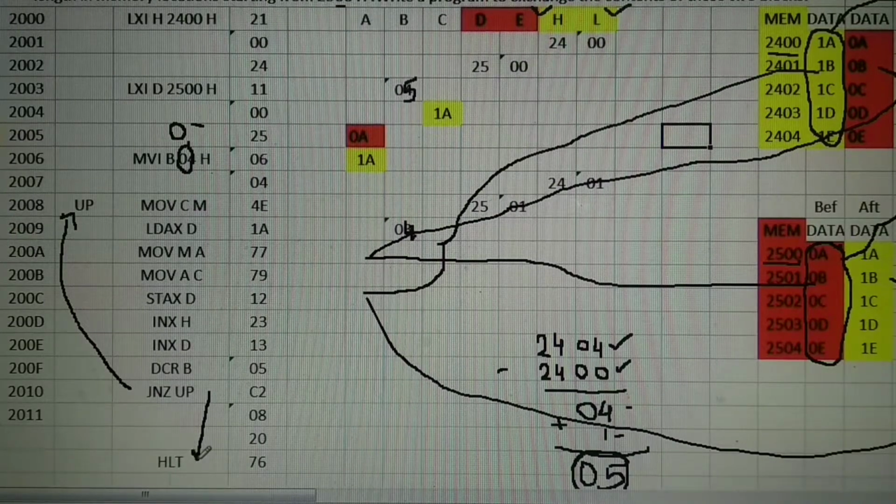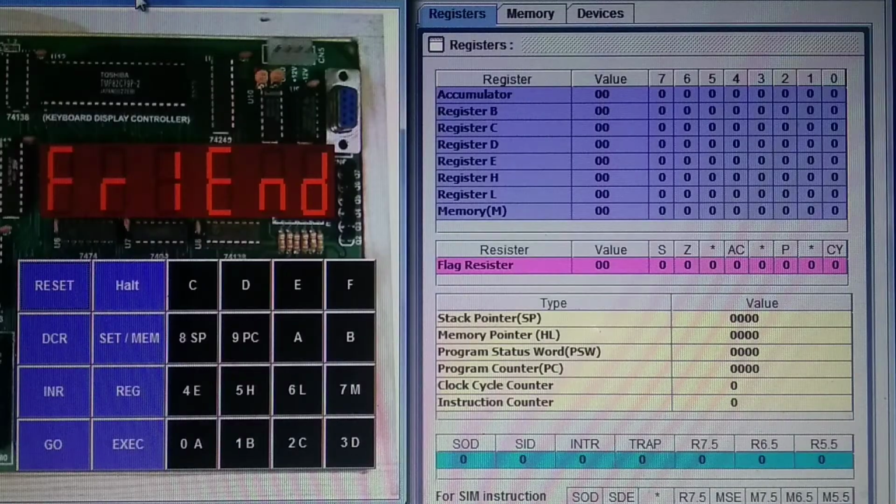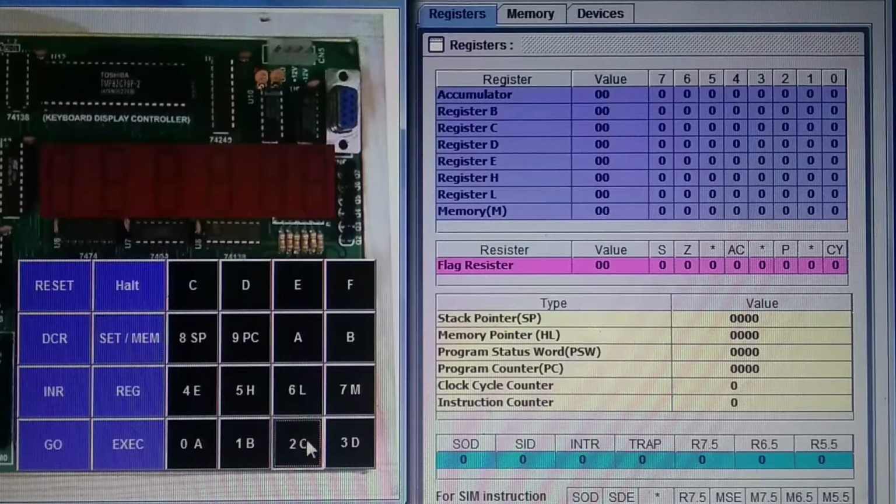The next instruction gets executed, that is HLT, and execution of the program stops. The mutual exchange program starts from 2000. The first block begins at 2400, the second block begins at 2500. Reset, examine memory 2000.